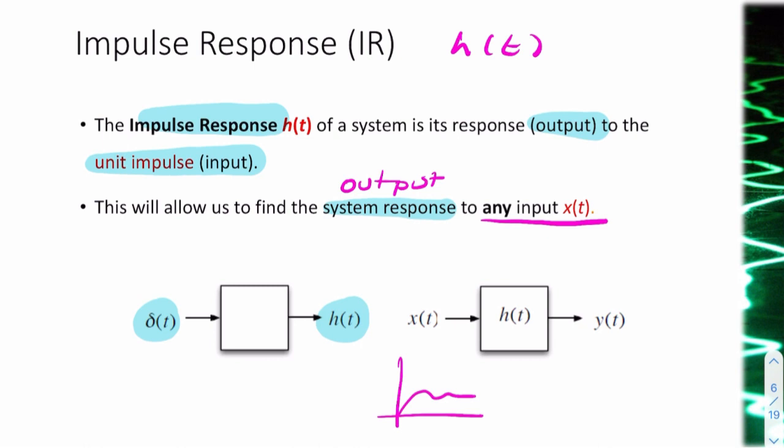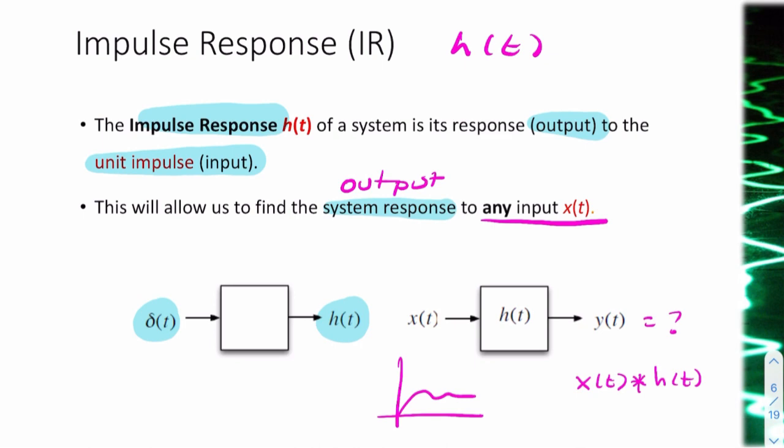The output is simply x of t, which is that, convolved with h of t, which is your impulse response. So I say simply, it's a convolution. So if you find convolution simple, then it's simple. So that way you can find the output for a system for any input. You just need to carry out a convolution between the input and the impulse response.